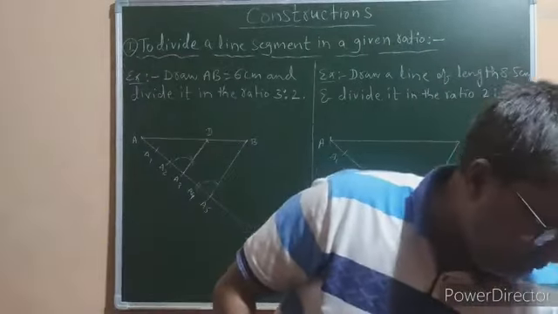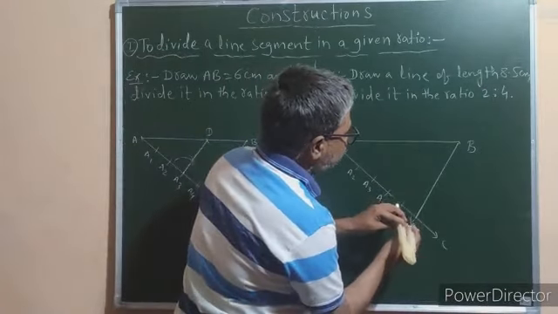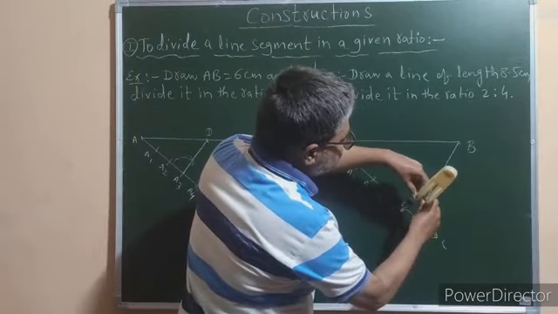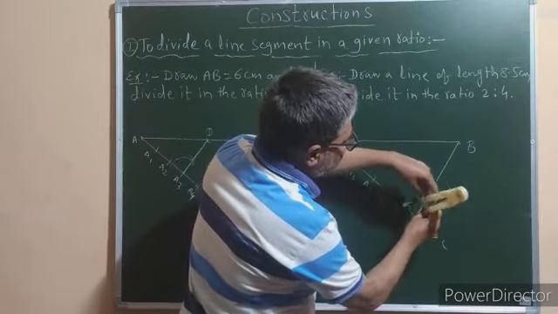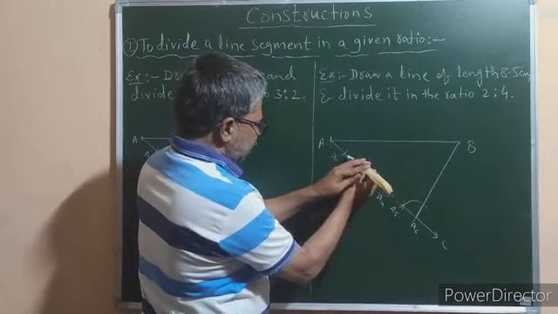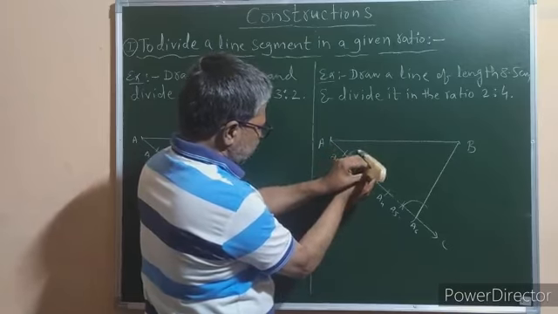And you know the method of drawing the parallel line: by taking suitable distance on the compass, assuming A6 as the center, you have to draw an arc, and here assuming A2 as the center, you have to draw another arc.